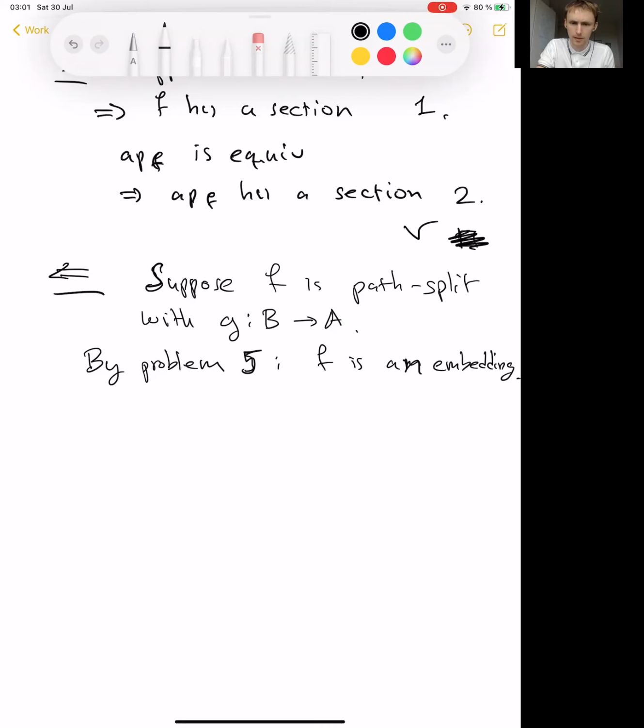Actually, before I lie to you, since we're recording this, I want to check. If you have a family of functions, it says that they all have sections. Yes, precisely.